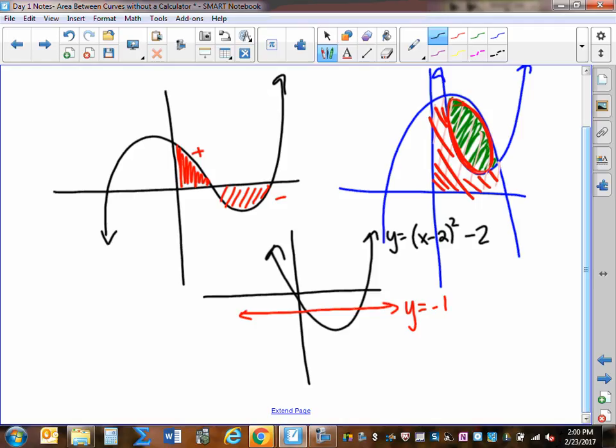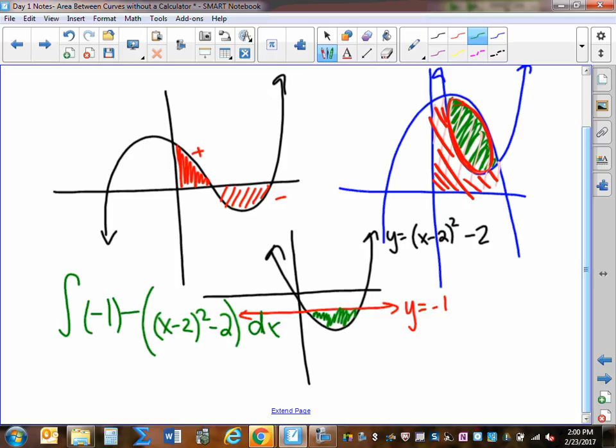So if I find the area of this region here, what we're really saying is that it would be this top function, y equals -1, minus this bottom function, which ends up being that parabola, x minus 2 quantity squared minus 2. Right, it's that top function minus the bottom function. So here we have, this is my top function, this is my bottom function.